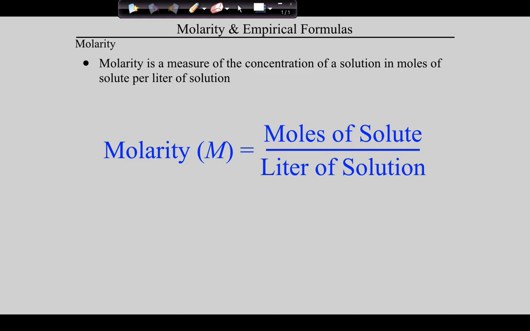You okay? All right, so guys, what I did is I actually made 3 solutions in order for us to talk about molarity. Now, let me show you. So guys, these solutions all contain, can you see that? They all contain a purple solute.